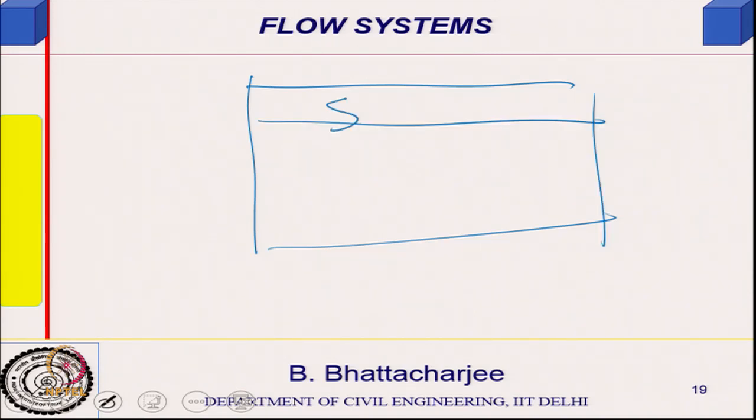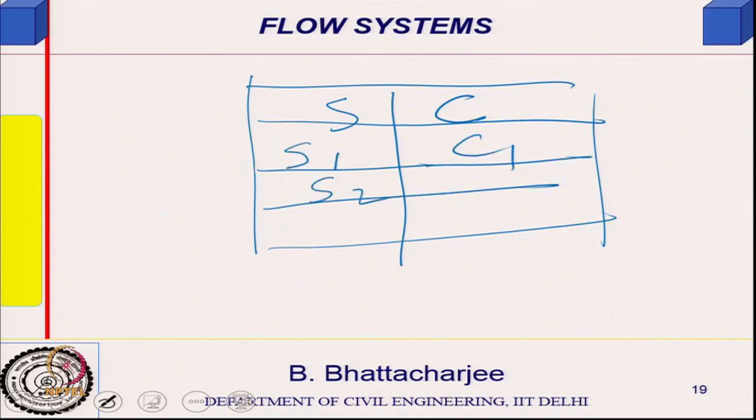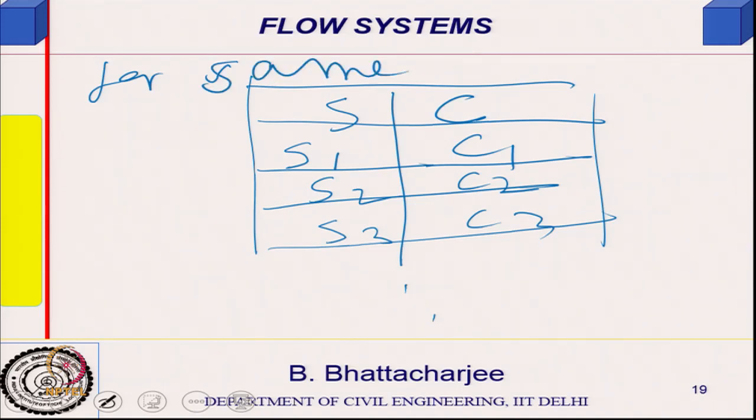So, supply rate and storage. Now, if I call it, I think I am using a nomenclature, C is the storage and S is the supply rate. So, I will have a set of S1, C1, S2, C2, S3, C3 etc. for the same demand profile.